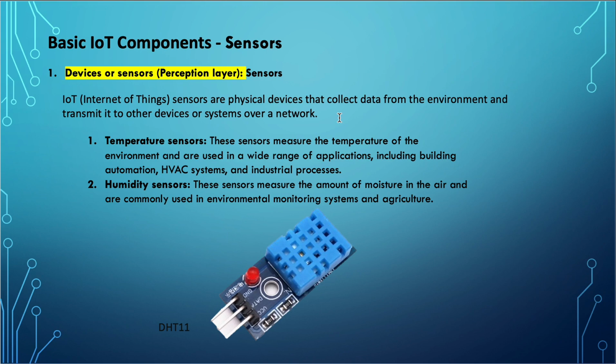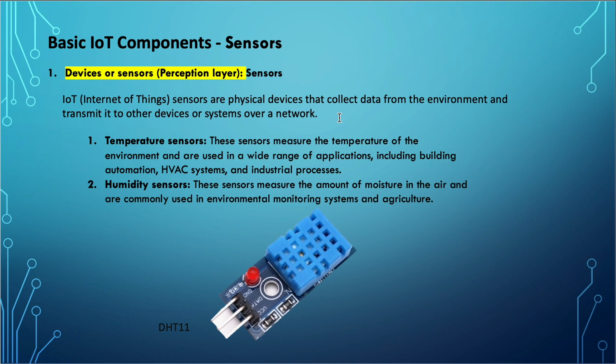It has the temperature as well as the humidity levels. The basic application for this would be weather monitoring, where we can see the temperature outside and the humidity. Both of them are available in one sensor unit.